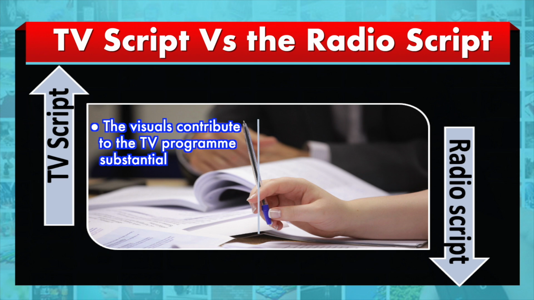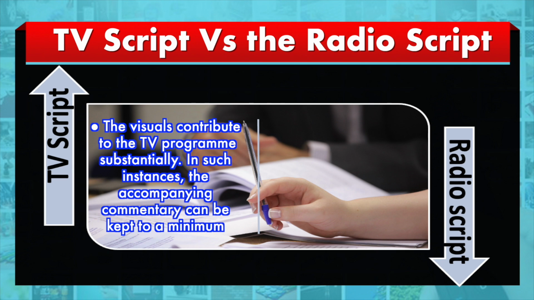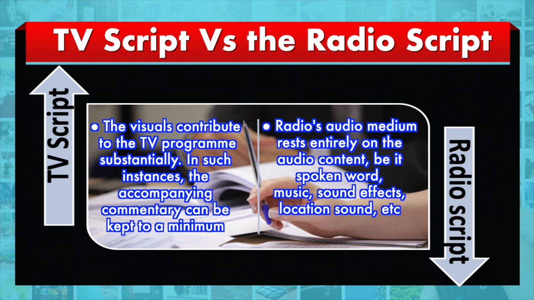The visuals contribute to the TV program substantially. In such instances, the accompanying commentary can be kept to a minimum. Meanwhile, radio's audio medium rests entirely on the audio content, be it spoken word, music, sound effects, location sound, etc.